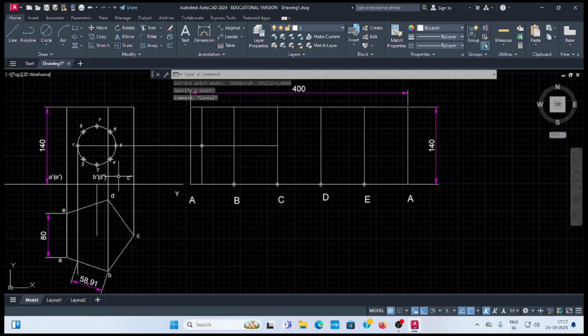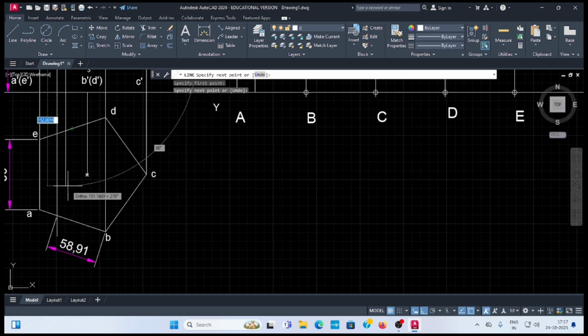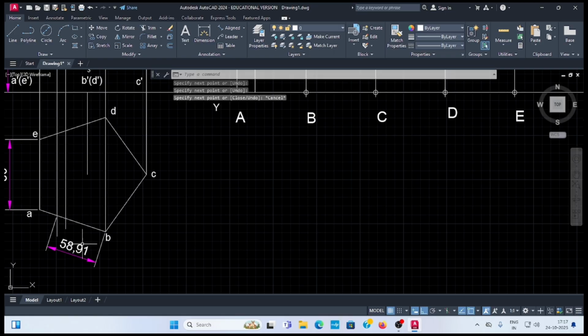Next, 8 dash and 2 dash, this point you have to project from the circle downwards. Okay. This also you have to measure, taking reference from the B corner.